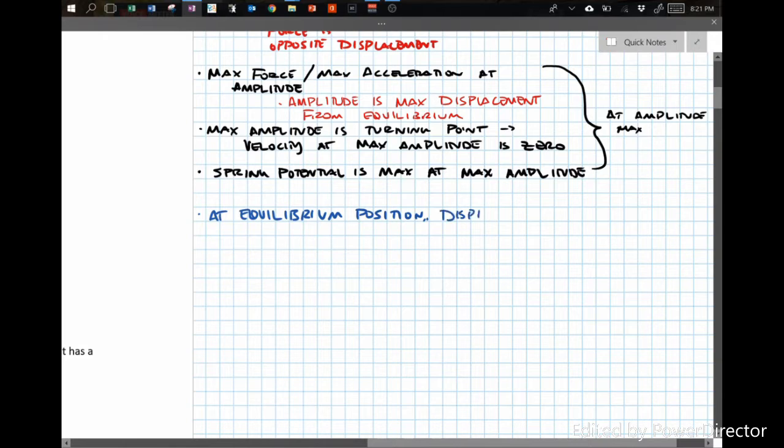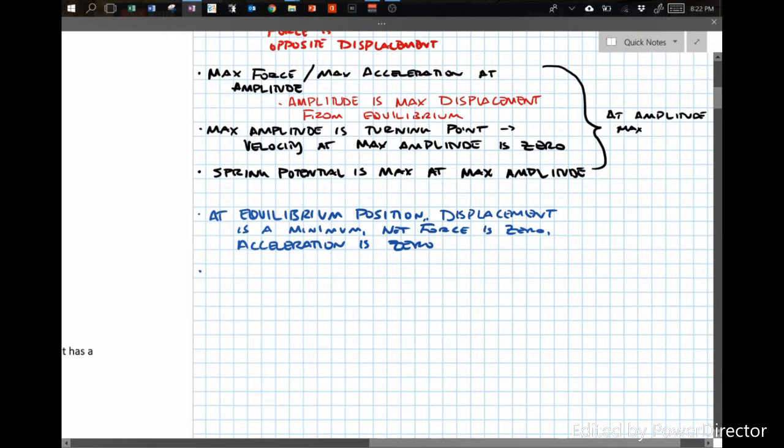So the displacement is a minimum. The net force is 0. That's part of what it means to be at equilibrium. And the acceleration is 0 at this equilibrium position.